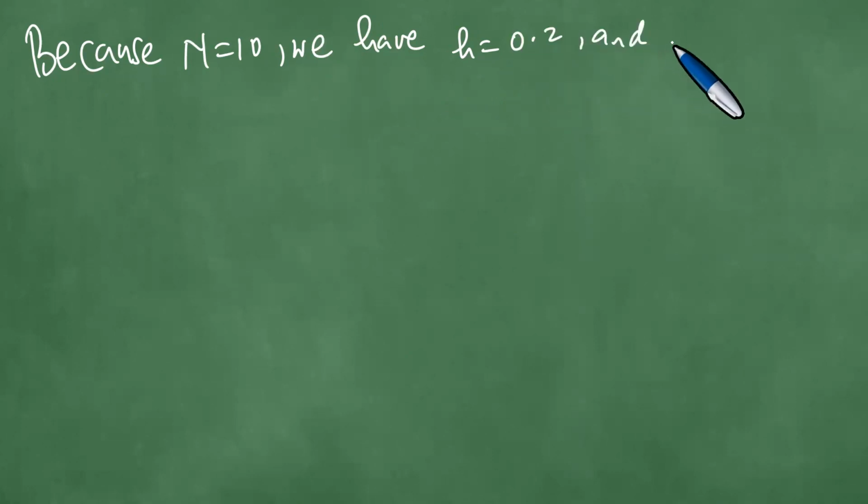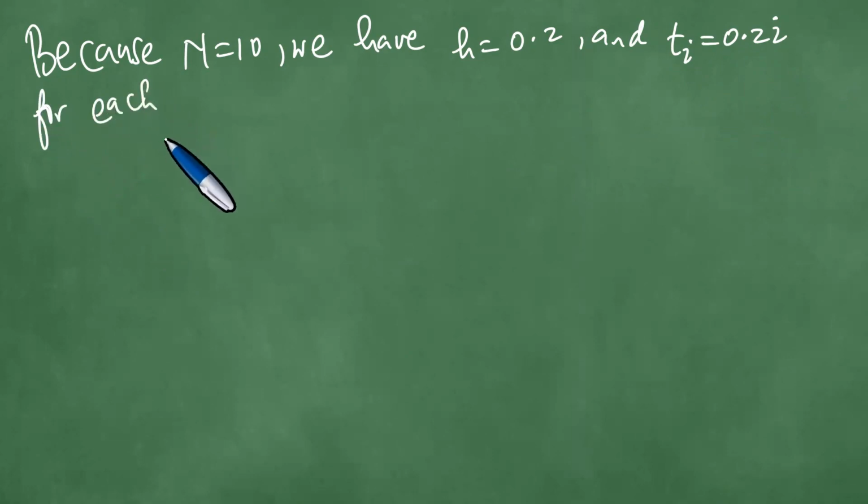And we have the Ti is i, for each i equals 0, 1, 2, up to 10.